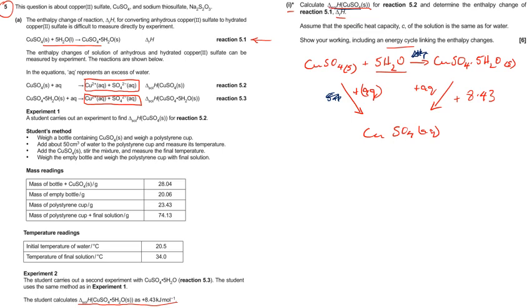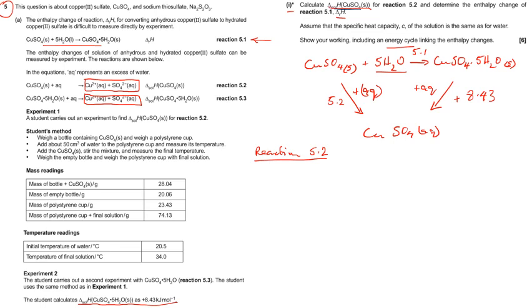So we're told that one, and this one here, let's call the left-hand leg, we're going to work out using Q equals mc delta T. Let's just write in, this is reaction 5.2, this is reaction 5.1. Work out reaction 5.2 first.